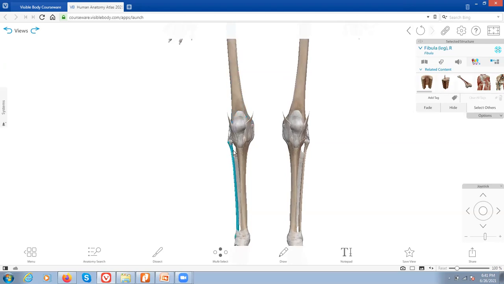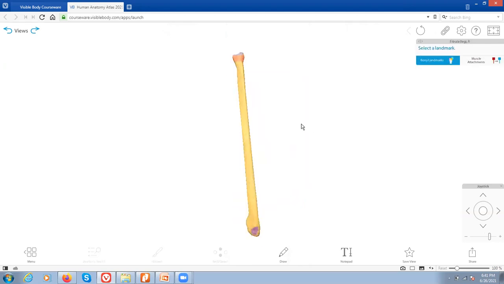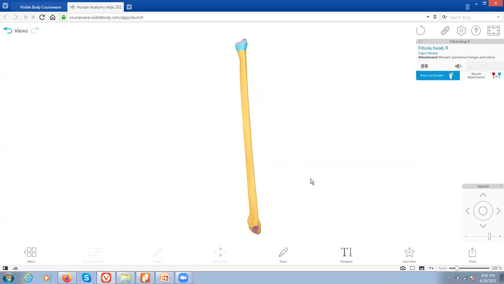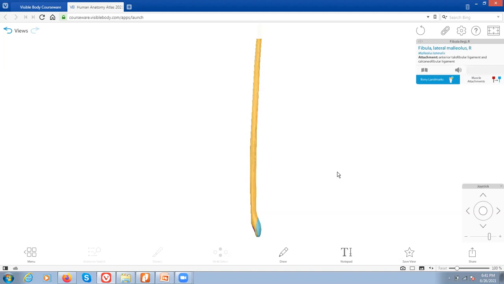Fibula has a lot less, so let's look at that one first. So fibula, not much going on, honestly, other than the shaft. The top, you have a head, and then over here, if you look kind of carefully at that portion, you have what's called the malleolus.